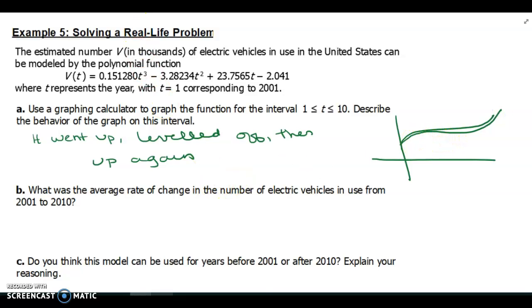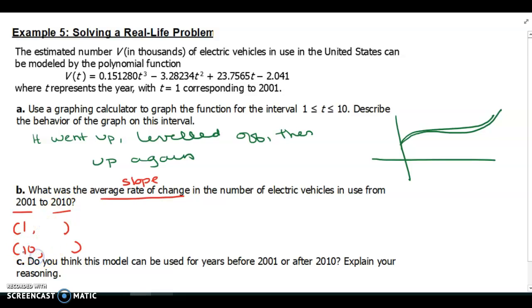Okay, part B says, what is the average rate of change in the number of electric vehicles in use from 2001 to 2010? Average rate of change is another name for slope. In order to find the slope, I have to have 2 points. In 2001, my x is 1. In 2010, my x is 10.